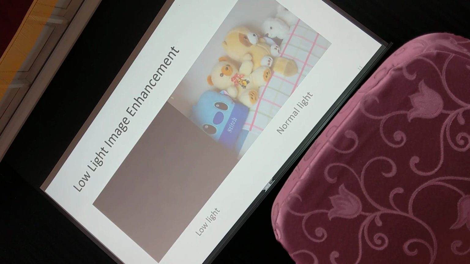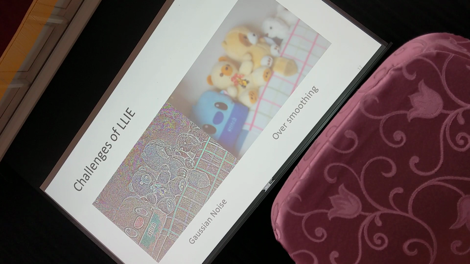Let me explain the background and the details of the research. The first thing I want to explain is low light image enhancement. These are techniques to improve low light images with enhanced exposure, contrast, or edge detection. The challenge is that there is too much noise in dark images.